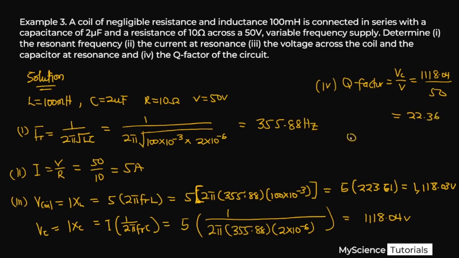Or if you like, you can use Q factor equal to 1 over R times the root of L over C, and you realize that you are still going to get the same answer, 22.36, as your answer for Q factor.